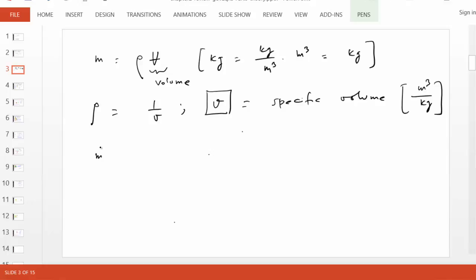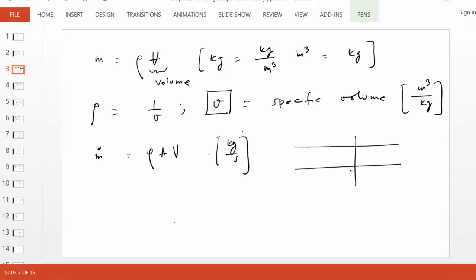Also, another formula that comes in handy is m dot equals rho A v. That v means velocity. So the unit here is kg per second. If there is a flow going through a tube, m dot, the mass flow rate, is given by rho A v. So from the get-go, remember that the specific volume v, the velocity v, and volume V, many times students get confused over these symbols.